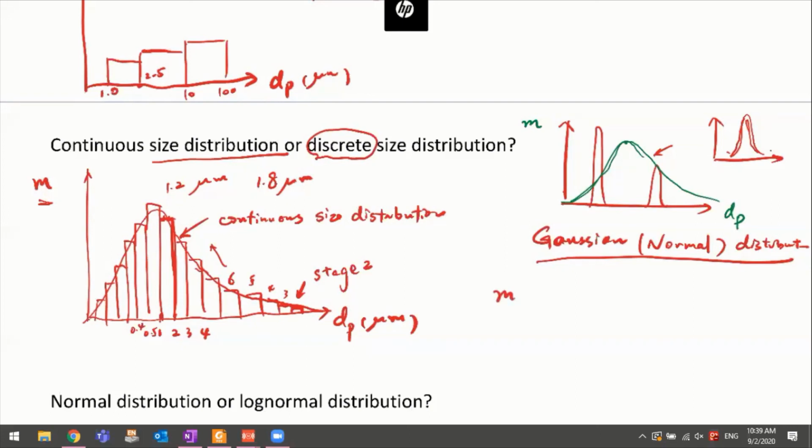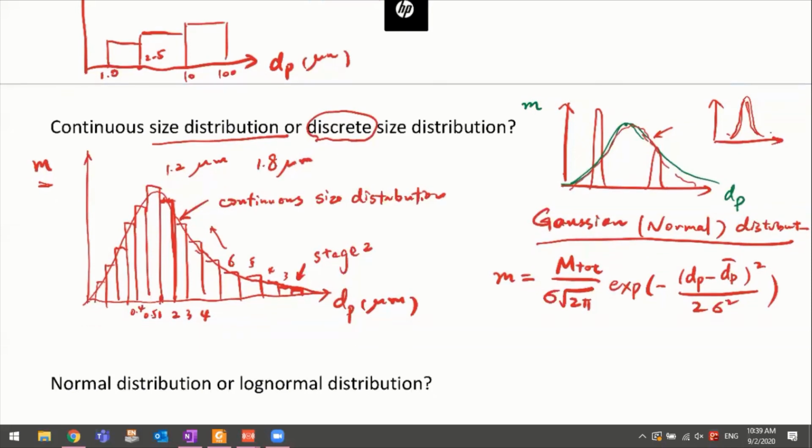That's why they come up with this equation, M total over sigma square root of 2 pi. So this is the equation that people first think about. Basically, they will try to fit this size distribution with a Gaussian distribution.